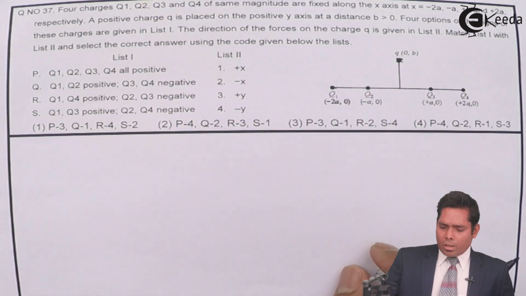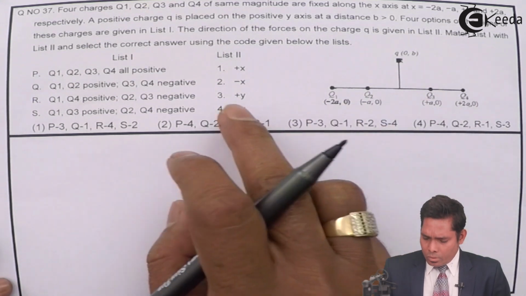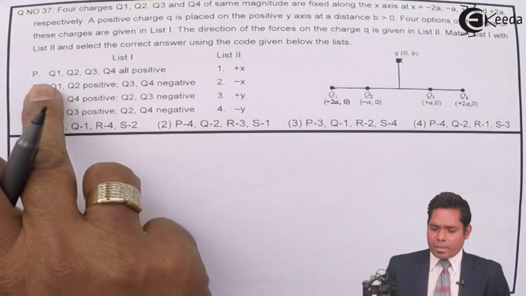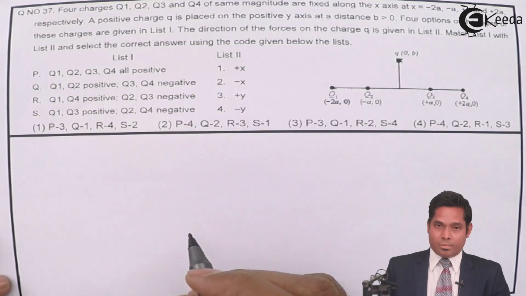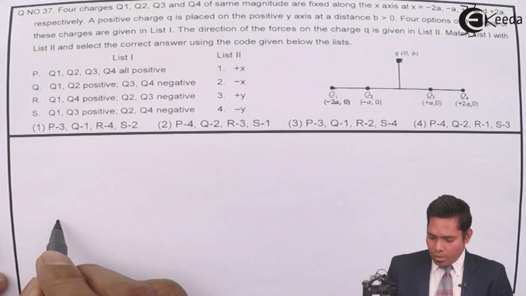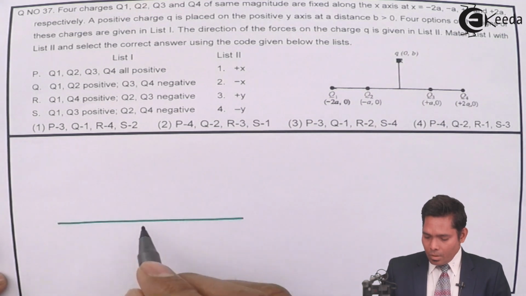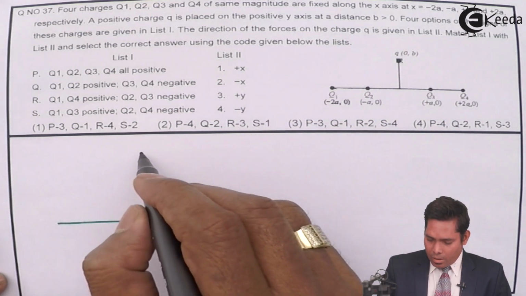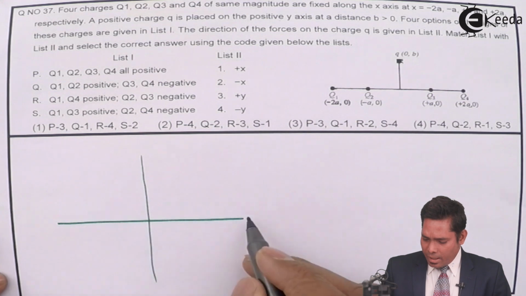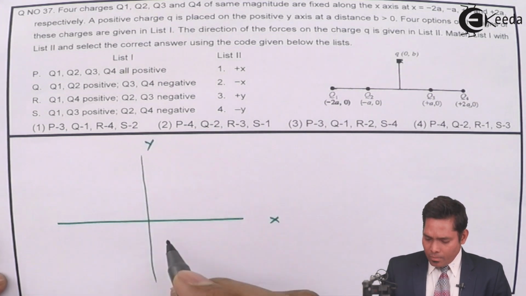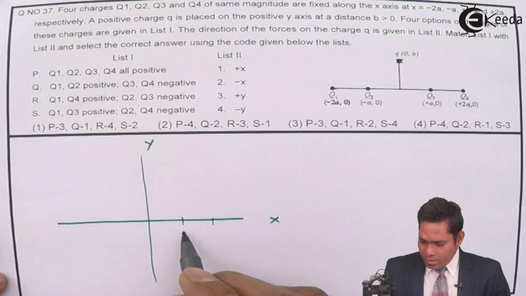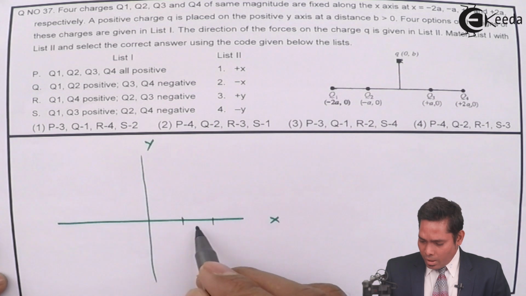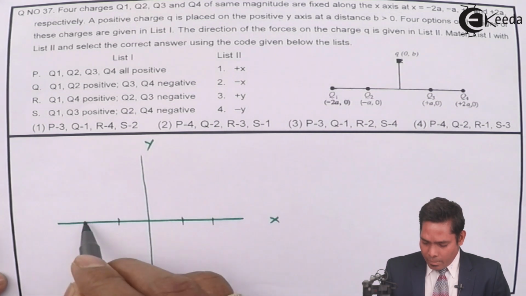So for that we'll take all the situations one by one and see which one matches with which. First let me draw a diagram. This is the x-axis and this is the y-axis. The charges are at a and 2a on one side, and minus a and minus 2a on the other.